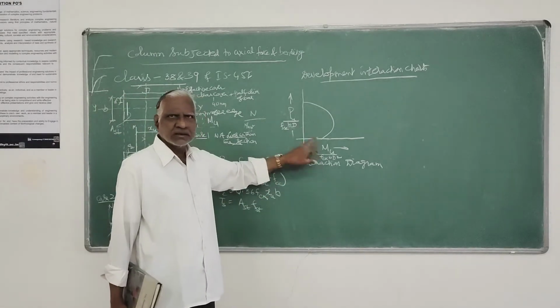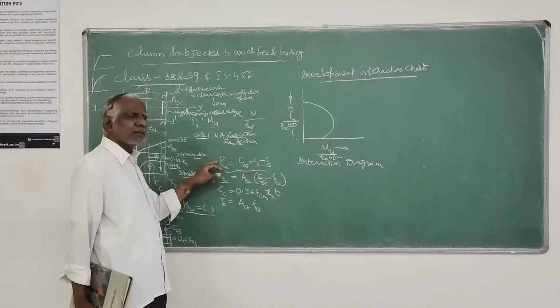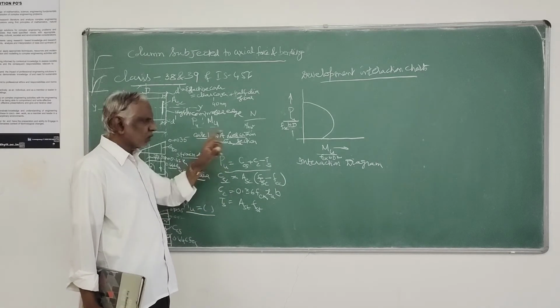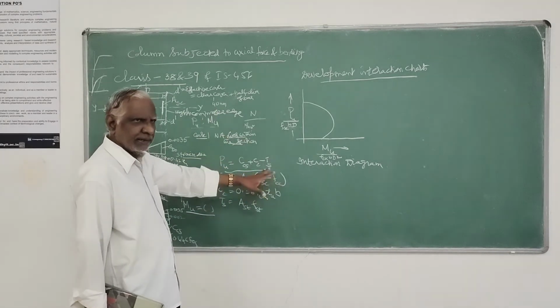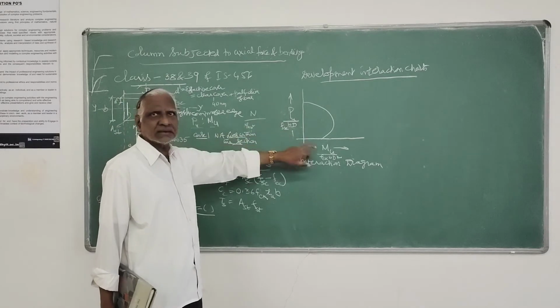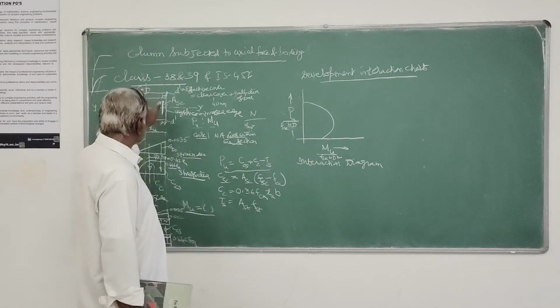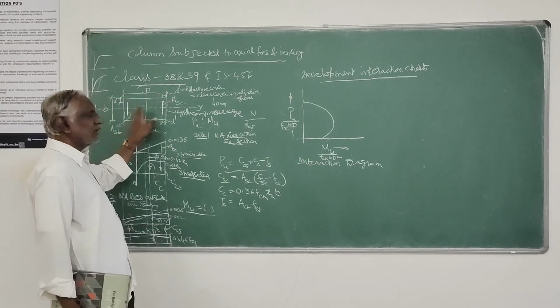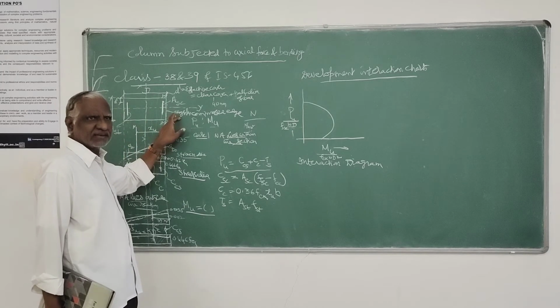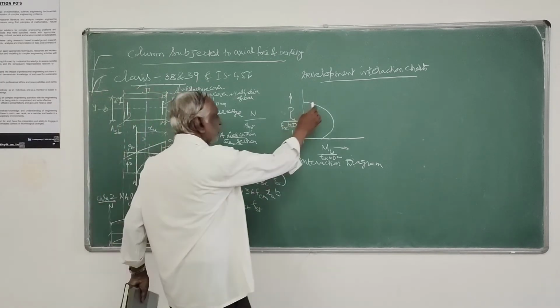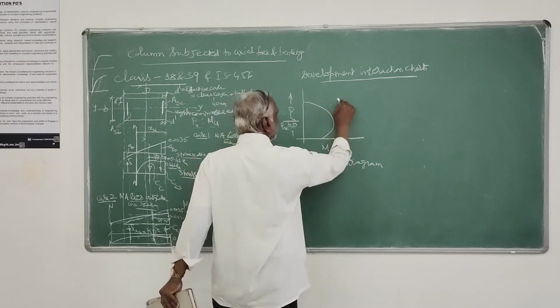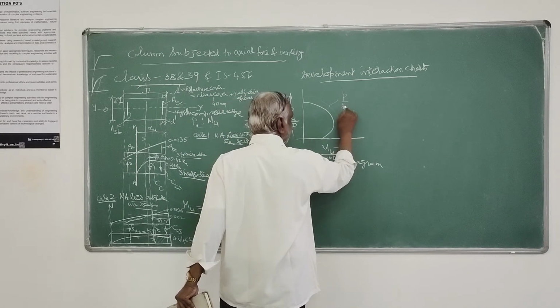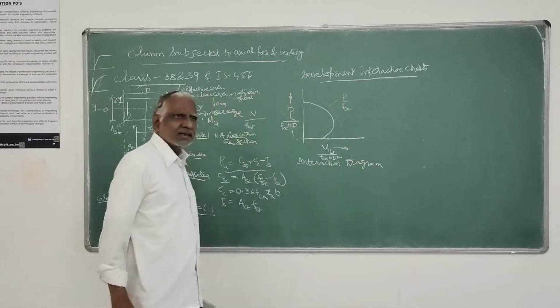Same thing here. So instead of plotting actual PU and MU, the code has plotted the non-dimensional figures for various values of percentage of steel in the given section, for various values of p, the percentage of steel, divided by fck.